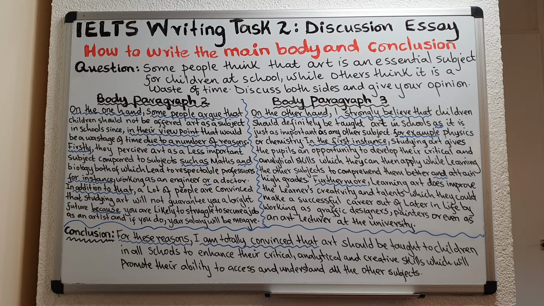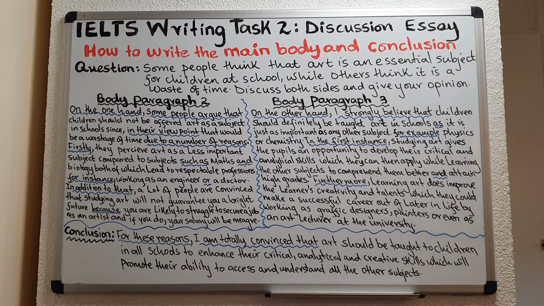Art should be taught to children in all schools. After that, you give reasons, summarize reasons as to why you have that opinion. And in your conclusion, you should not introduce new reasons. Your reasons should be based on body paragraph 3, the reasons that you gave earlier on.